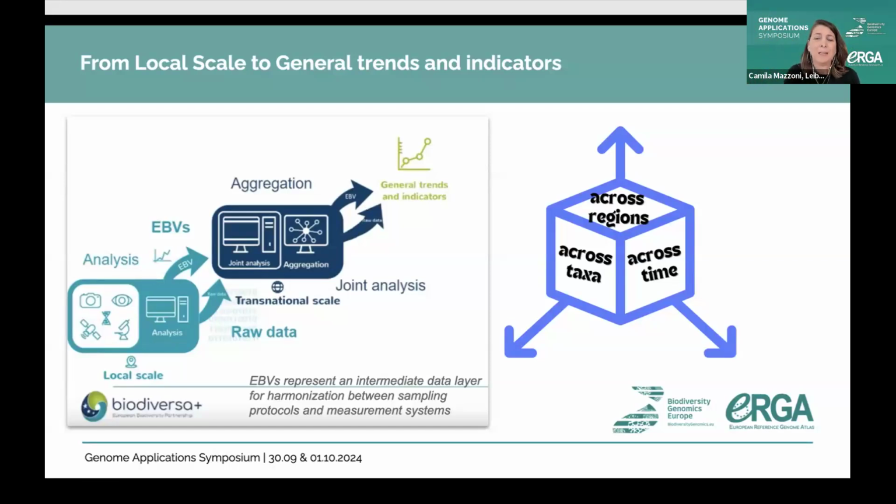Okay, so this is the idea in reducing the number of variables, but still capturing as much as possible of the information, the complexity that is needed, and that is going to inform us about the changes. So these variables should inform us about changes across time, across taxa, across regions, and even types of ecosystems such as marine, freshwater, terrestrial.